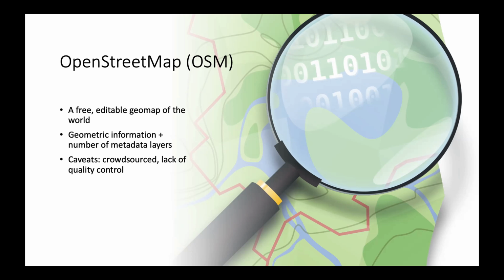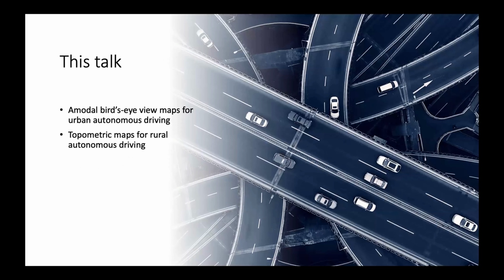But the reason I introduce OpenStreetMap is I'm going to talk about two recent efforts in which we leverage data that's publicly available, but also inherently noisy or inaccurate. The first application I'll talk about is using this for improving perception.